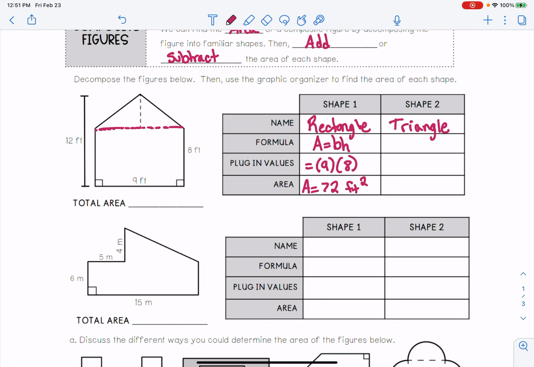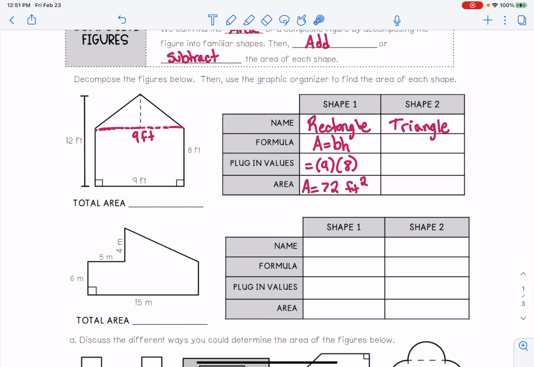All right, let's look at shape 2. Shape 2 is a triangle, and they did not outright give us the dimensions of the triangle. Notice that these lines are blank, but they did give us enough information here for us to figure it out. So looking at the base of the triangle, notice that's just as long as the base of the rectangle. So it's going to be the same value of 9 feet.